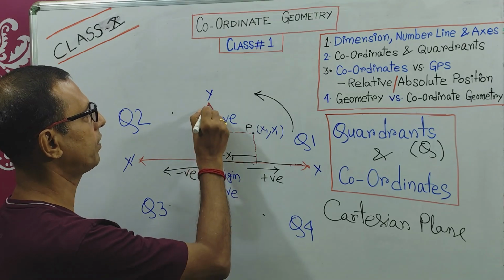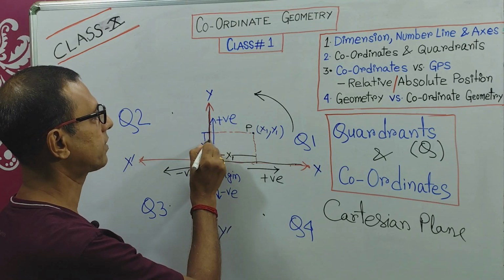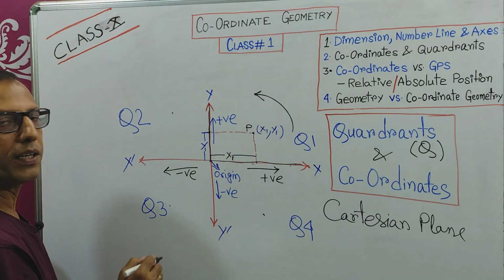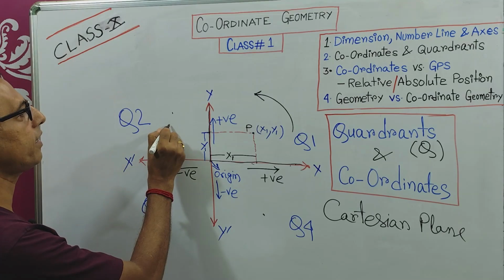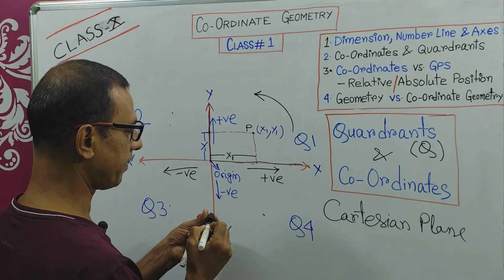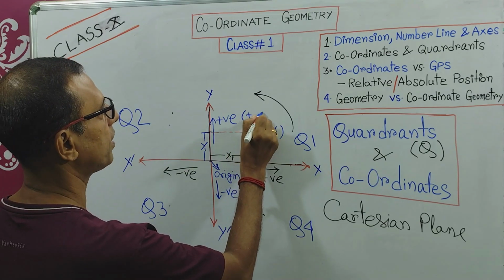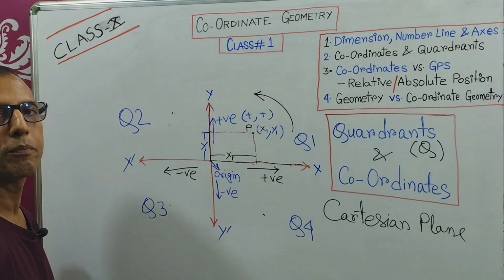So in the first quadrant, both x and y are positive.